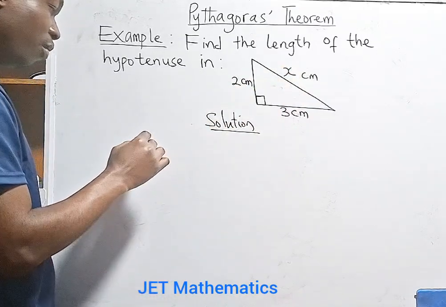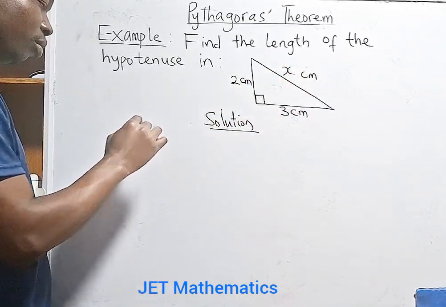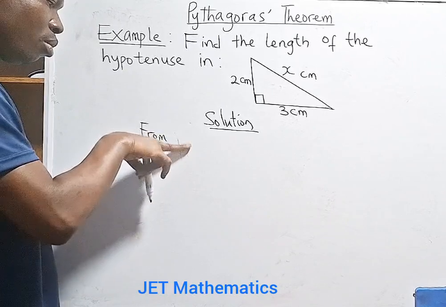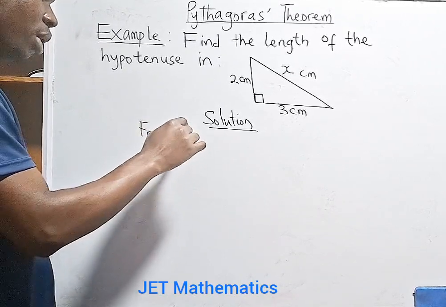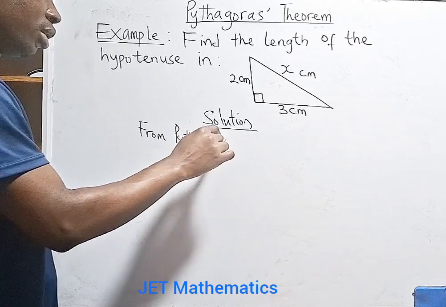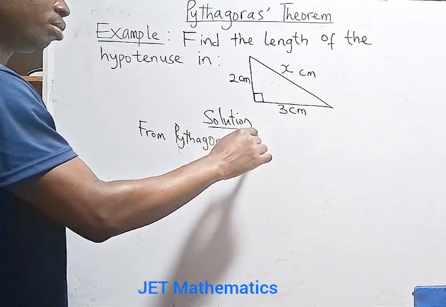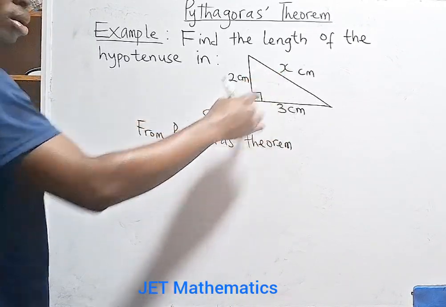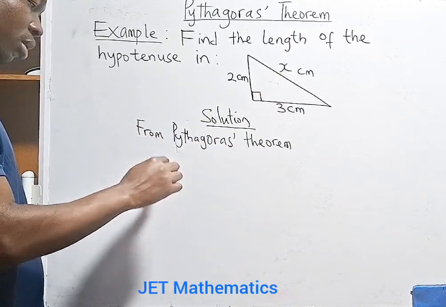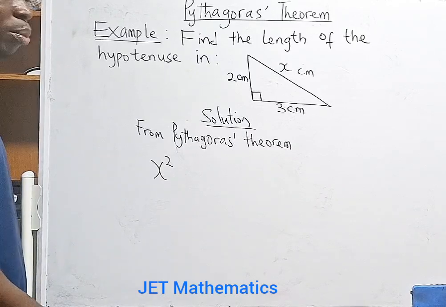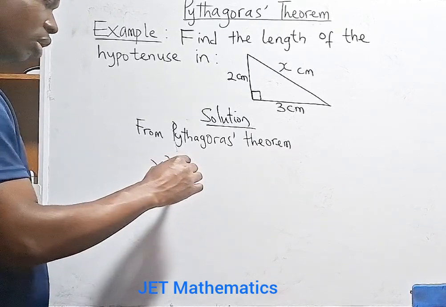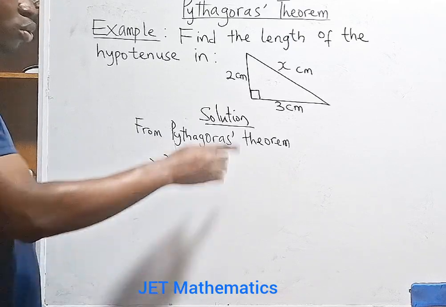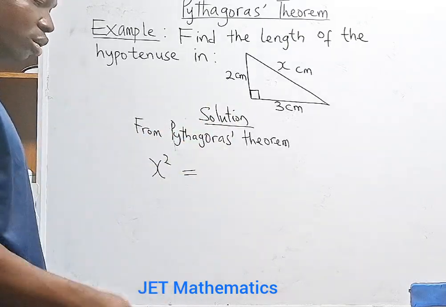So we can say from Pythagoras theorem, which states that the area of the square on the hypotenuse is equal to the sum of the areas of the squares on the legs.